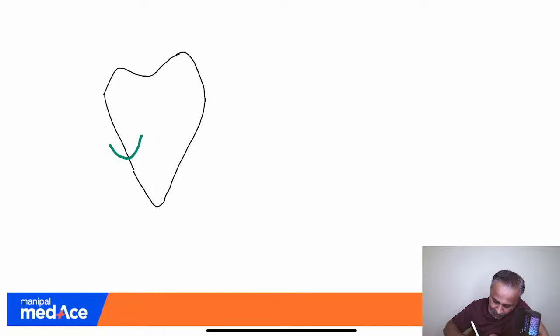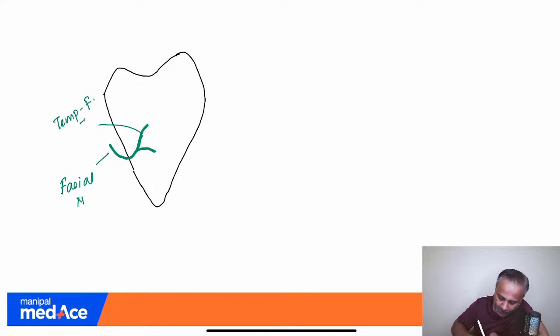This facial nerve divides into two trunks. What are the two trunks? This is the trunk of the facial nerve, right? And this is the temporofacial trunk, because it goes towards the temporal region. And this is called the cervicofacial trunk.